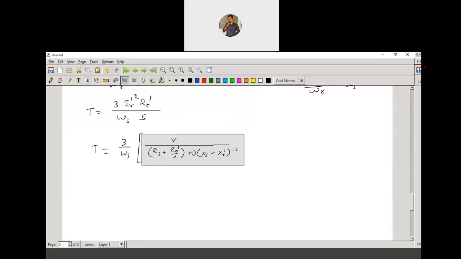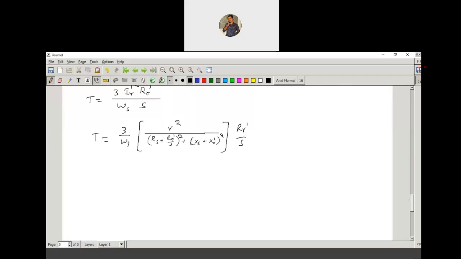Okay, and this is IR square. So if I do the square, we can write this expression like V square by RS plus RR dash by S whole square and XS plus XR dash whole square, times RR dash by slip.